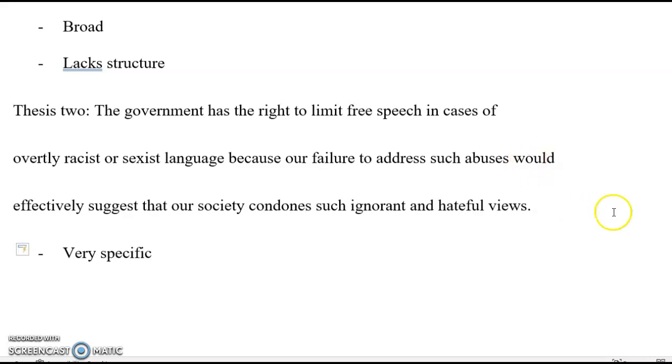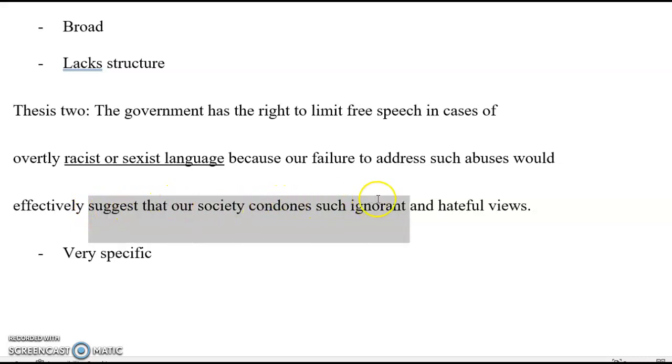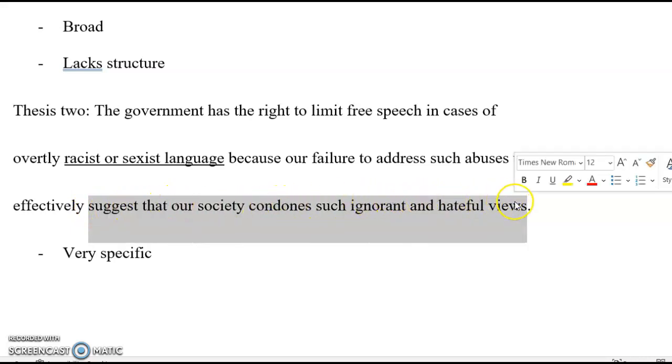Now, thesis 2 is very specific, with certain examples such as racist or sexist language. And why are we looking at that? Because our failure to address such abuses would effectively suggest that our society condones such ignorant and hateful views.